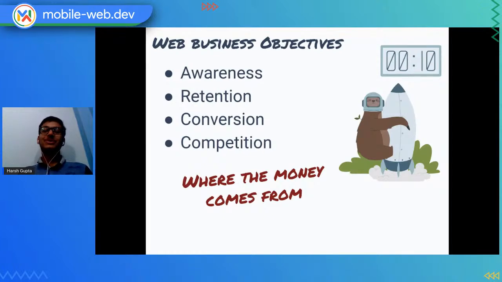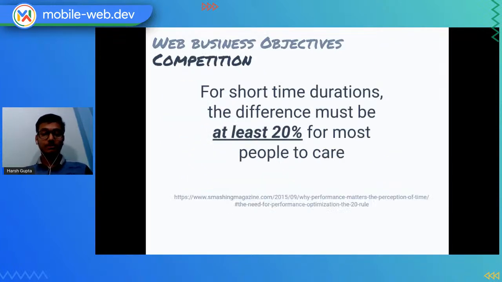These are the parameters which affect web performance, because at the end of the day, these websites want conversions. So these web vitals could be very beneficial for them.